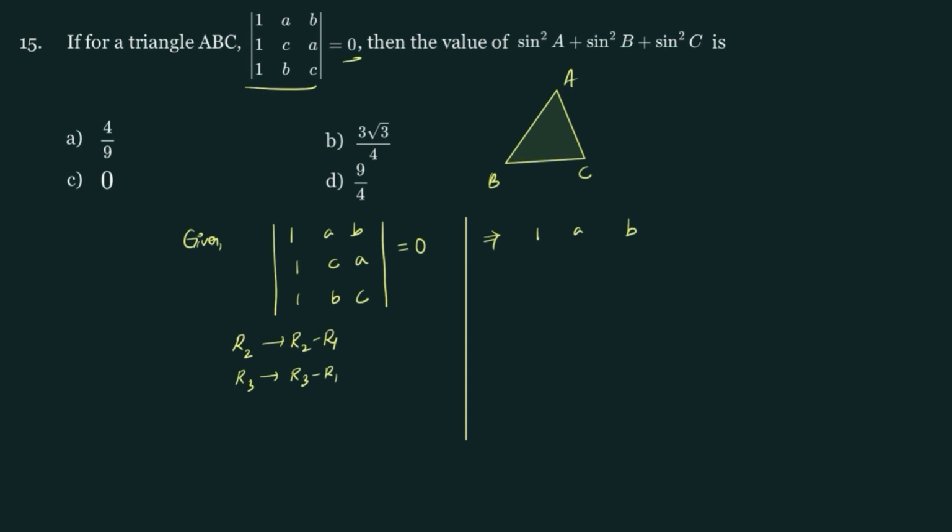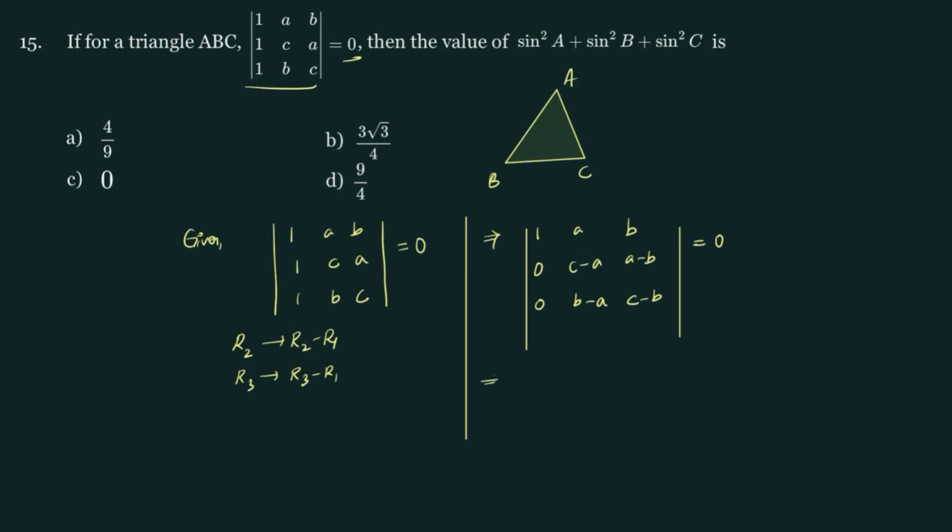The second row changes to row 2 minus row 1, so 1 minus 1 is 0, c minus a and a minus b. Similarly, row 3 changes to row 3 minus row 1, that is 1 minus 1, b minus a, c minus b. So it will be 0, b minus a and c minus b, equals 0.